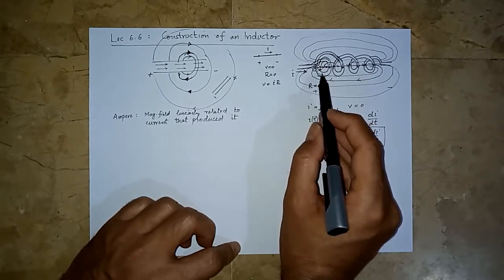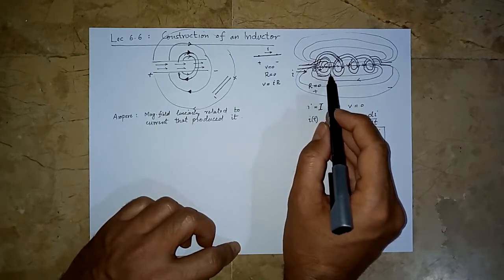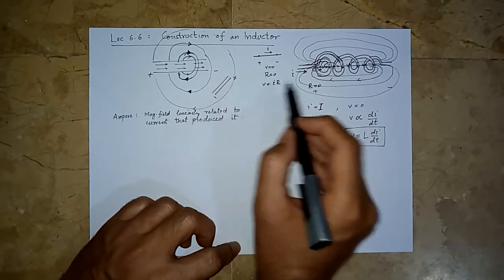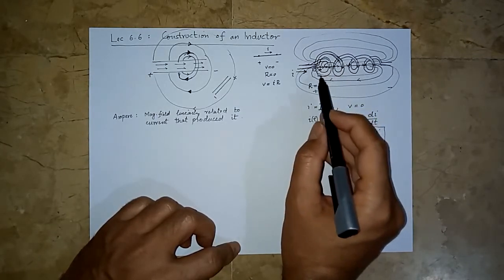And now you can see that the changing magnetic field links to itself. So when we say a changing magnetic field induces voltage in the neighboring circuit, that changing magnetic field is going to induce a voltage in itself as well.